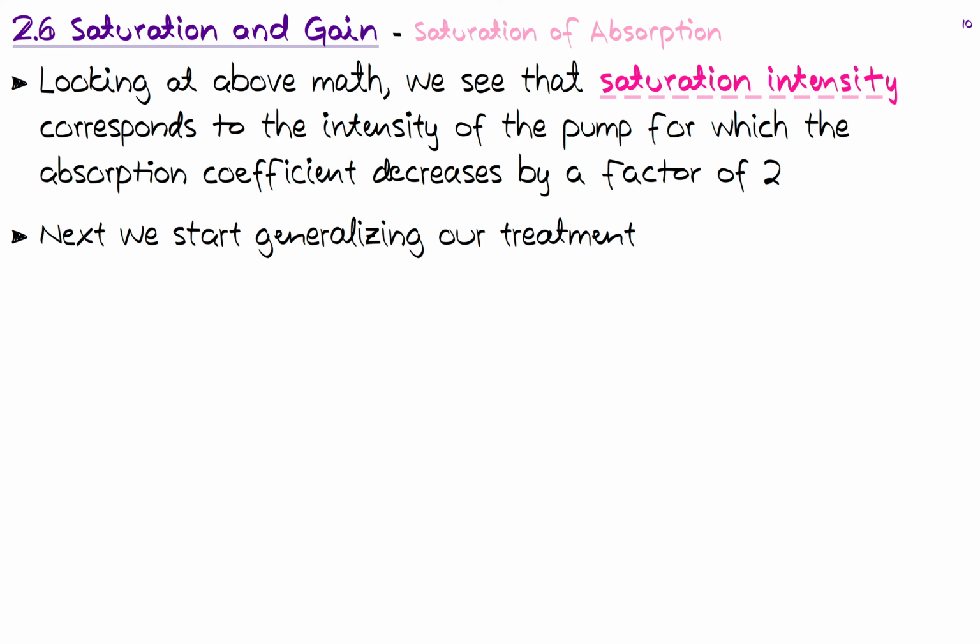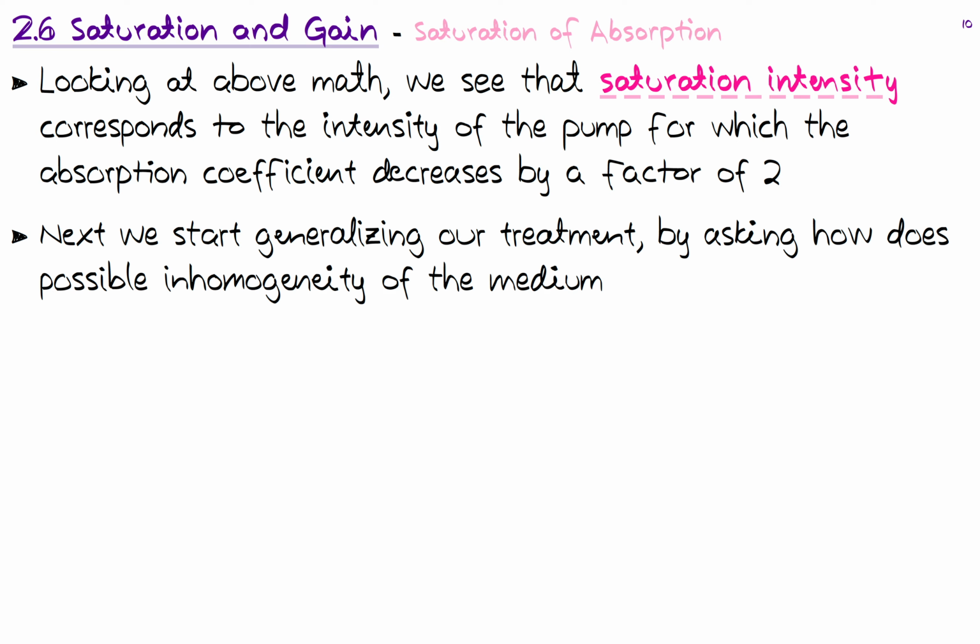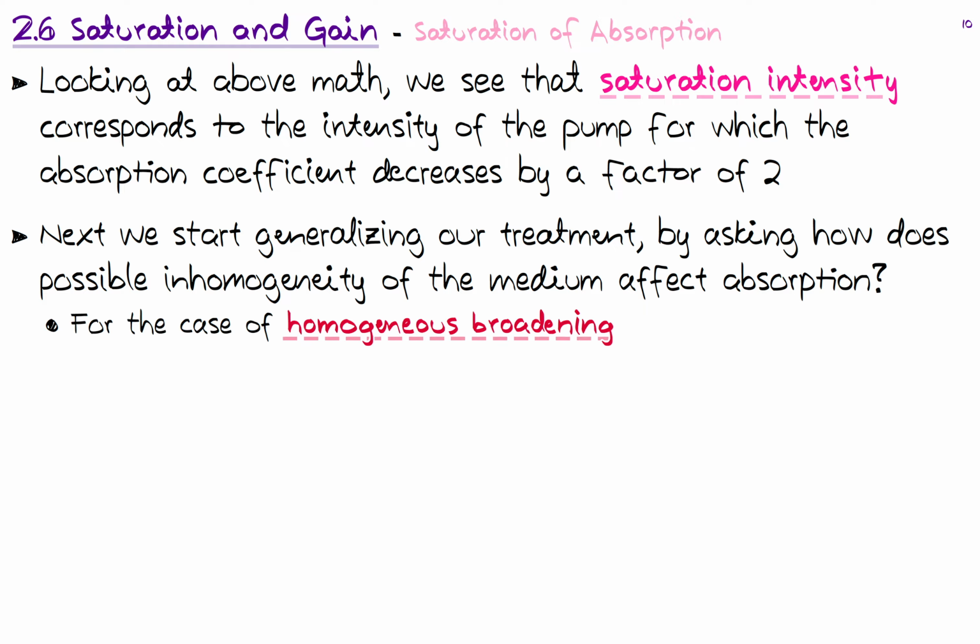And we can now start generalizing our treatment by asking how inhomogeneity of the medium affects the absorption. First we consider the case of homogeneous broadening. Now what happens is that saturation happens identically for all of these atoms. This is what happens in the case of only having homogeneous broadening within our medium.